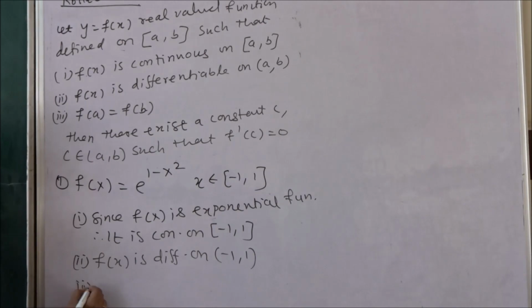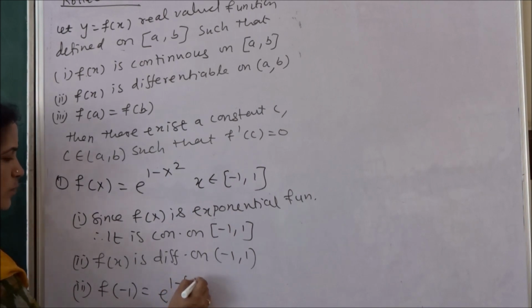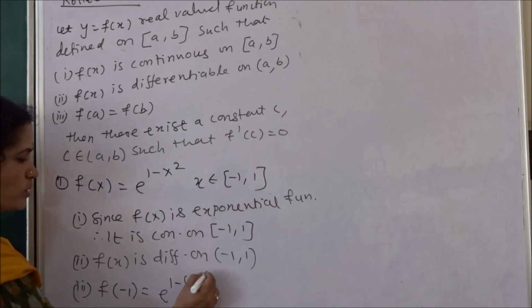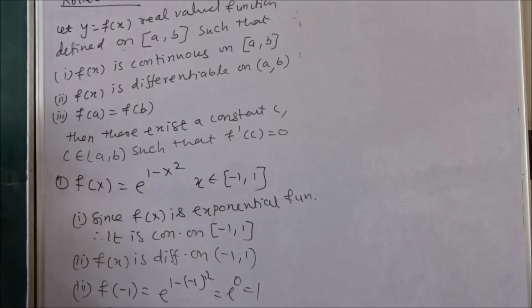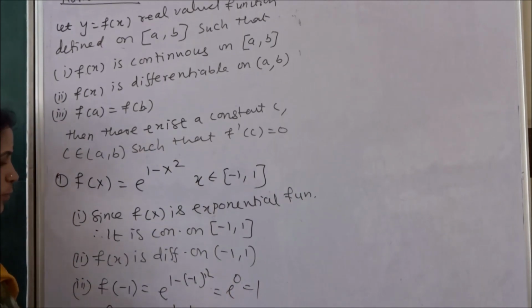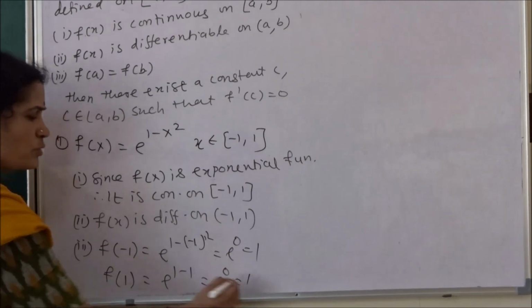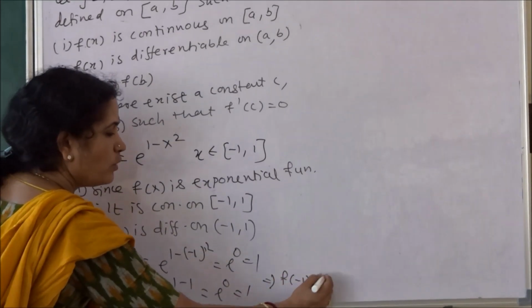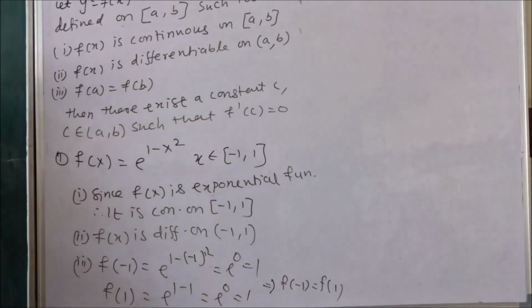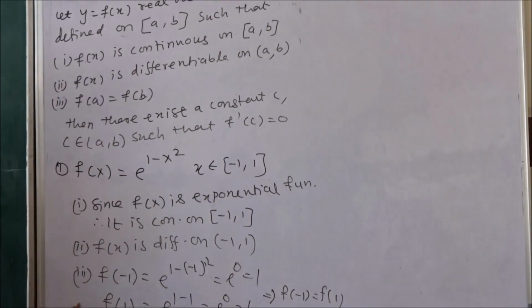Step number 3: f of a. Here a is minus 1, so f of minus 1 is e power 1 minus minus 1 whole square, which is e power 0, and anything power 0 becomes 1. Now f of 1 is again e power 1 minus 1, e power 0. So f of minus 1 equal to f of 1, and the three conditions are satisfied.